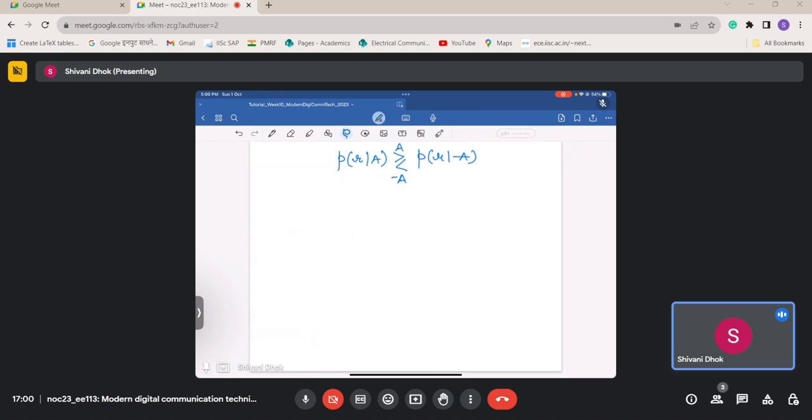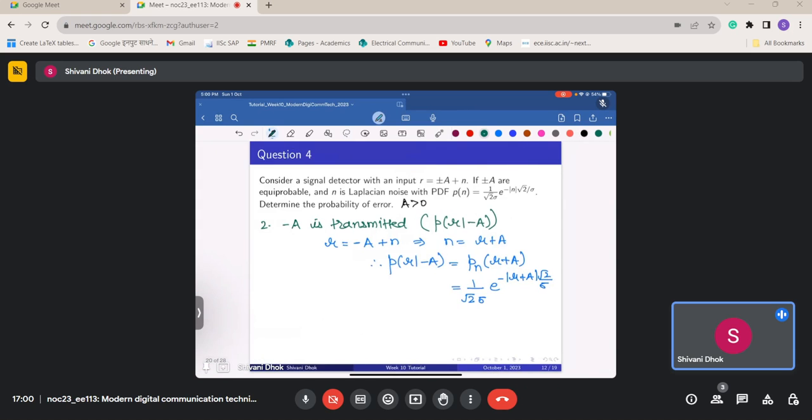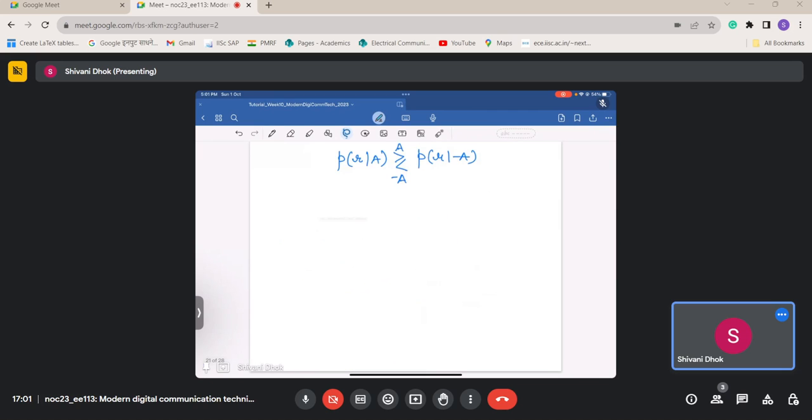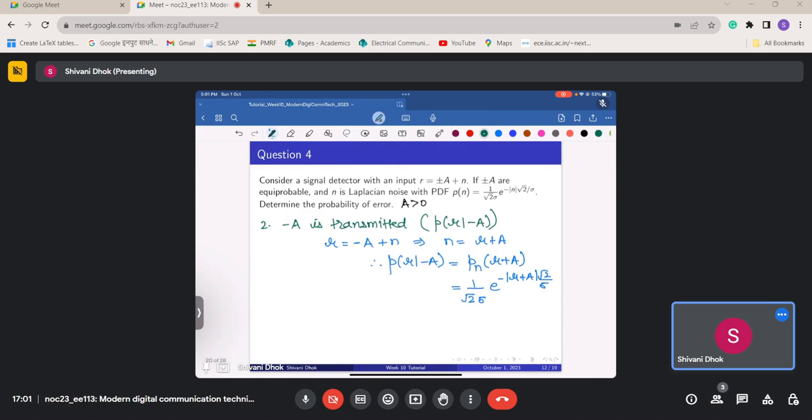So the probability of R given A is this quantity, and the probability of R given minus A is this quantity.